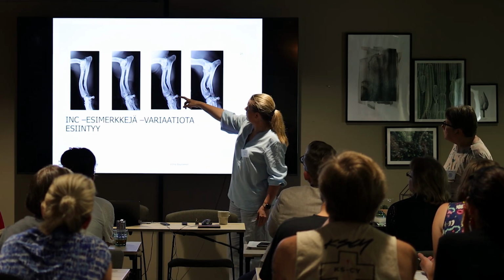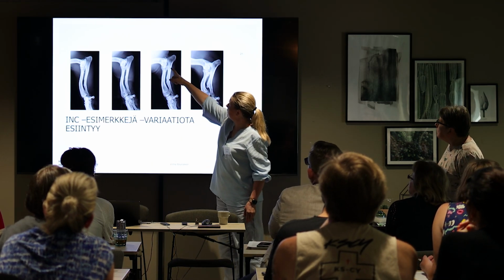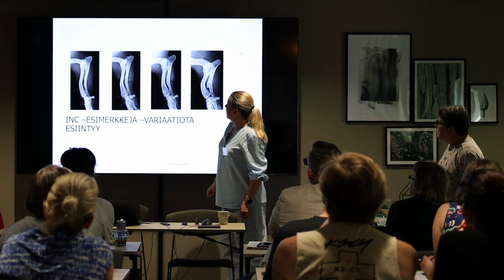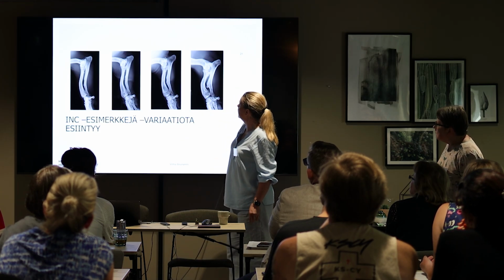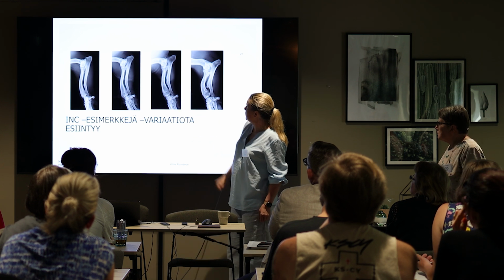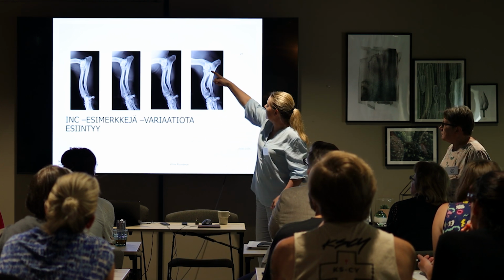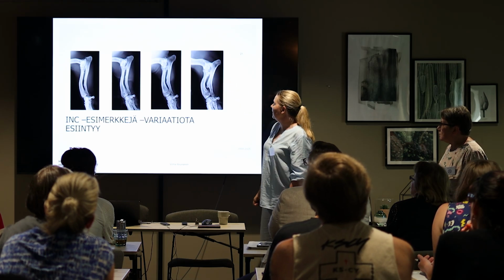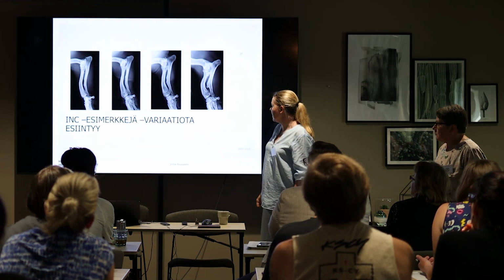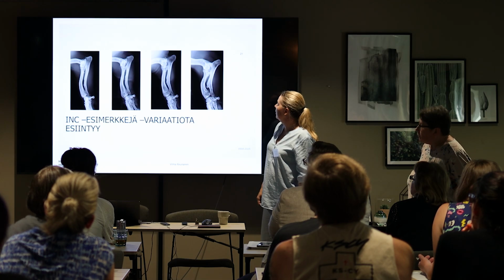And this is the grade 2, that we have a bigger step here between these bones of the elbow, and the wrist is turned here also. And here is a grade 3, that this is clearly more like a deformed elbow.